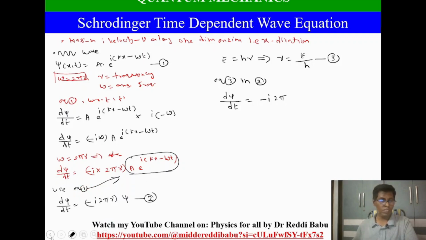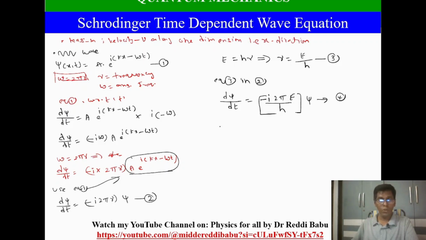Therefore minus i into 2 pi into (E divided by h), all in one bracket, and the remaining is psi. So d psi by dt is equal to minus i 2 pi E divided by h into psi. This is the fourth equation.